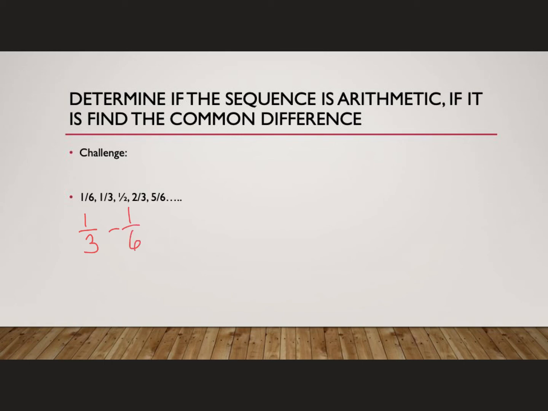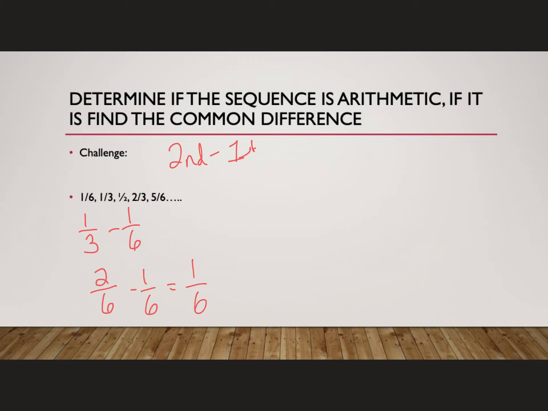If you remember working with your fractions, 1/3 has to change, so it'll be 2/6 minus 1/6 equals 1/6. So the difference here, we take the second number minus the first number, so second minus the first term, to get 1/6. So now we can check to see if that's the same thing again.